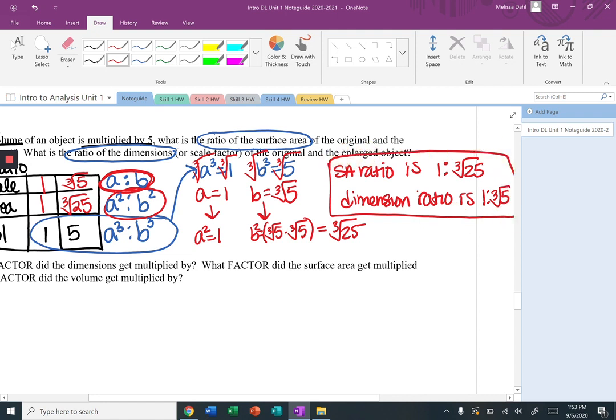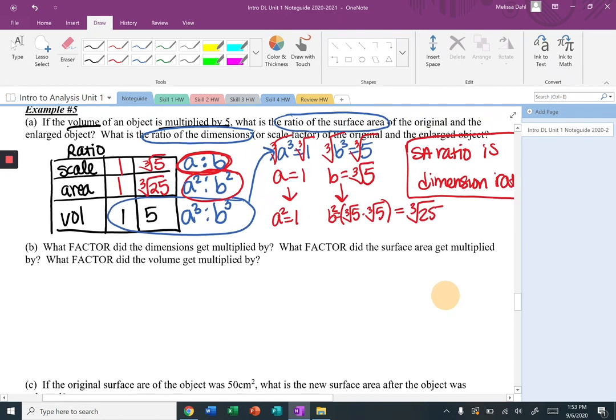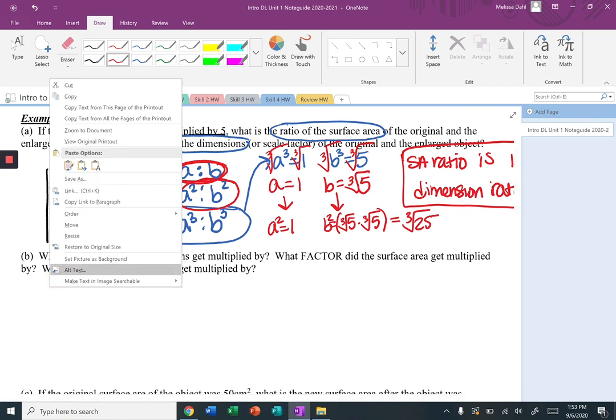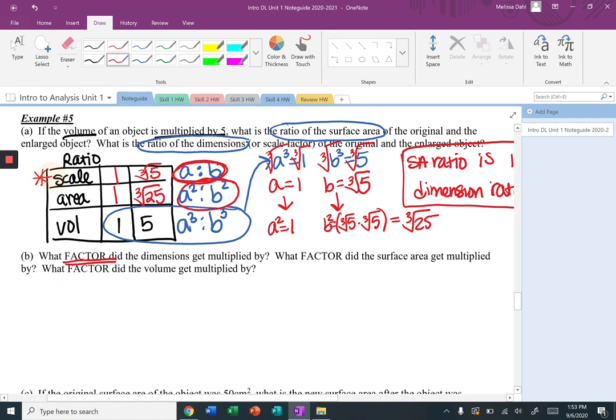All right, what factor did the dimensions get multiplied by? So remember this whole idea of if they ask you factor, you have an old, which for our factors, we're looking at scale for dimensions. It was 1 was multiplied by some factor to give us the cube root of 5.